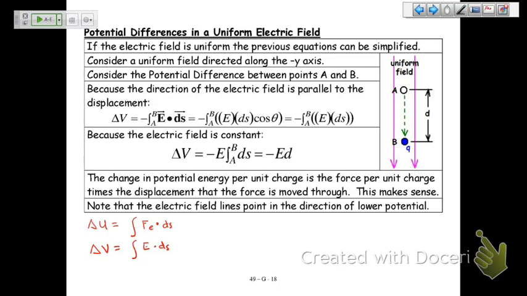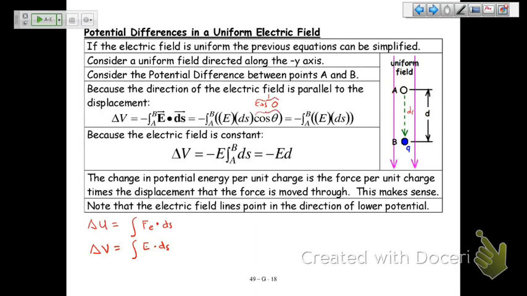We're going from A to B, E dot ds, and we say, hold on, let's expand this. So it's the magnitude of E times the magnitude of ds times the cosine of the angle between them. But it's the cosine of 0 because there's no angle between them. My ds is in the same direction as my field line. So that's cosine of 0, which is 1, so it goes away.